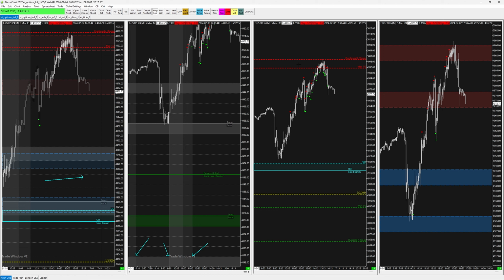And again, this is updated about 1 or 2 hours into the European session, so basically at about 5 a.m. New York time, and it will stay like that for the next 24 hours.